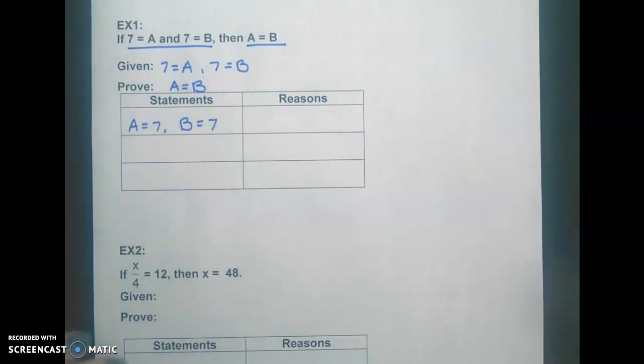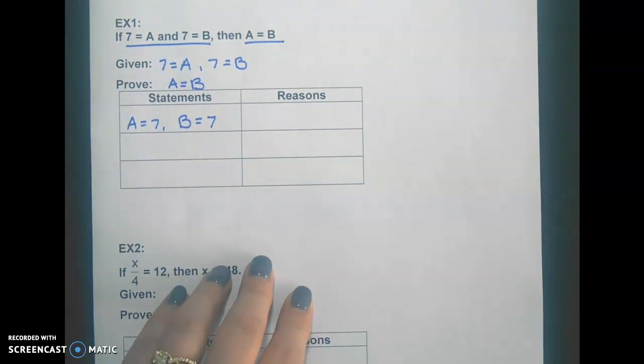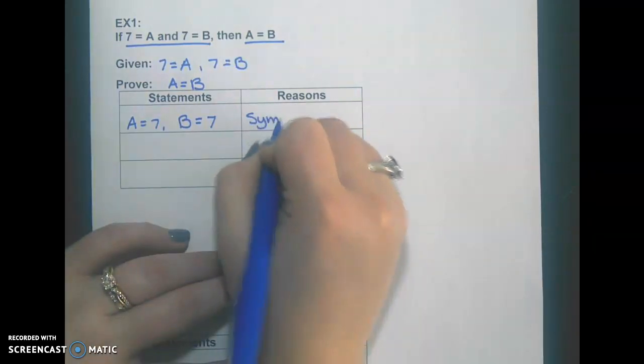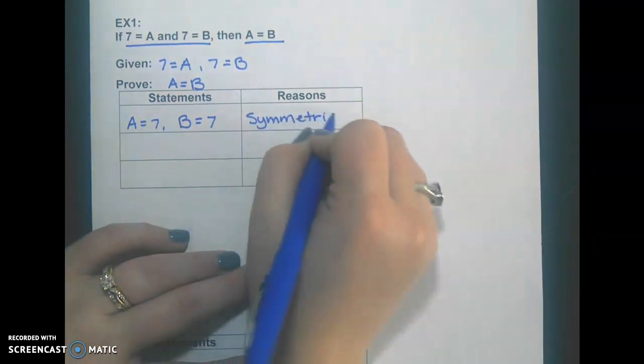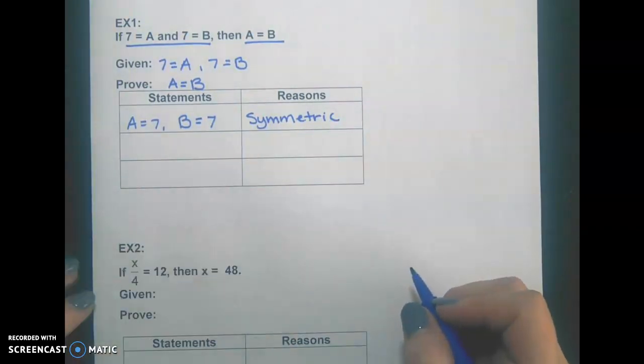And remember, what I was given was 7 is equal to A and 7 is equal to B. But I flipped them, and that is because of the symmetric property. So I can say A is equal to 7 and B is equal to 7.